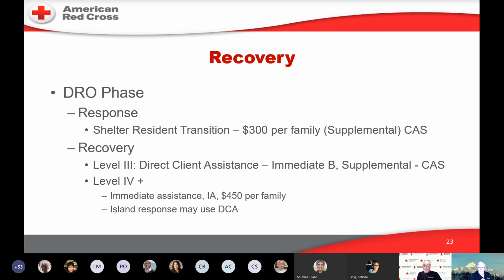But there will be this summer 2 very distinct uses, and that'll be individual assistance and CAS, and you can have clients receiving assistance from both as we go forward.